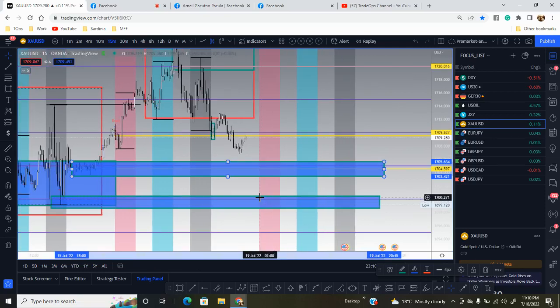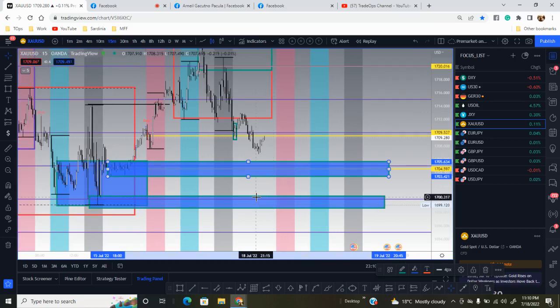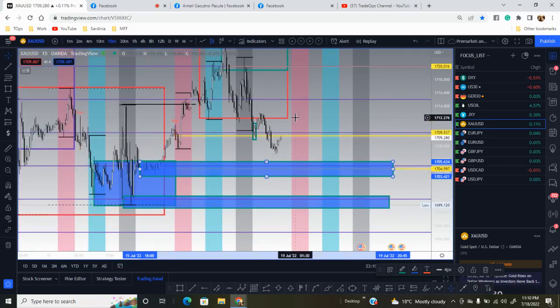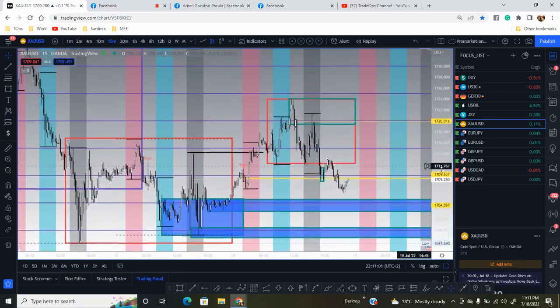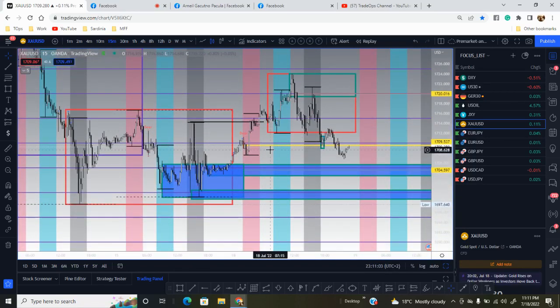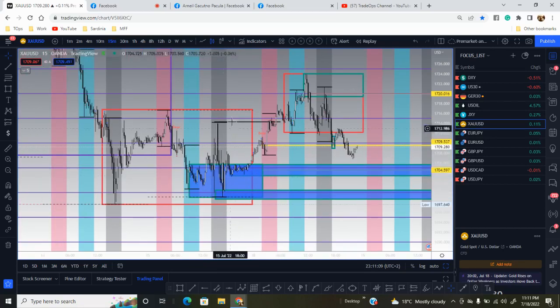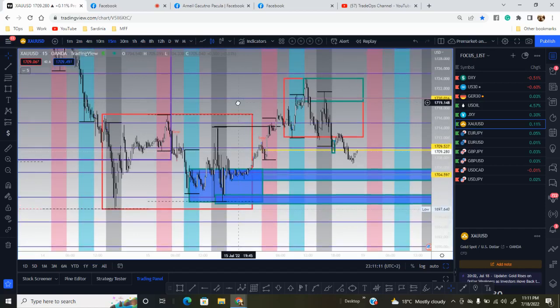So pag nagkaroon tayo ng pin bar or engulfing bullish, that's a sign that this gold might be bouncing, and it might have respected this as the low of the week.